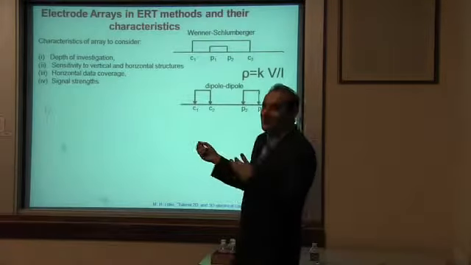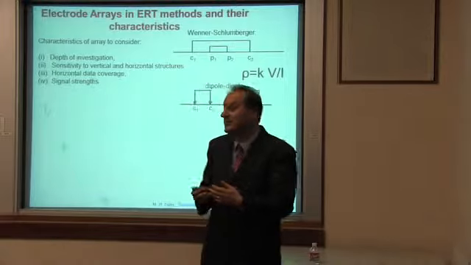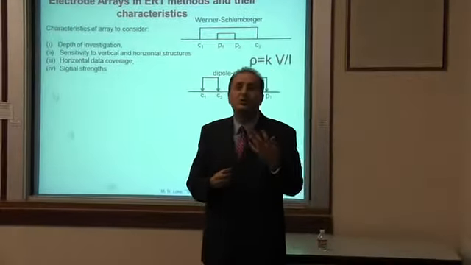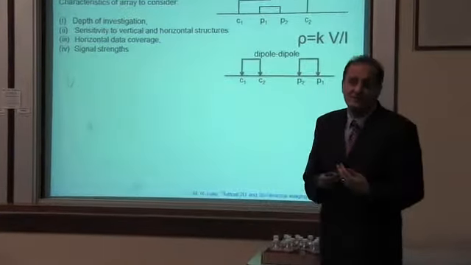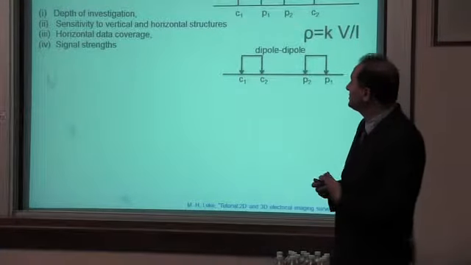No matter which configuration we adopt for our survey, we always have to consider 4 important characteristics. One is the depth of investigation, how deep we want to map the structure.